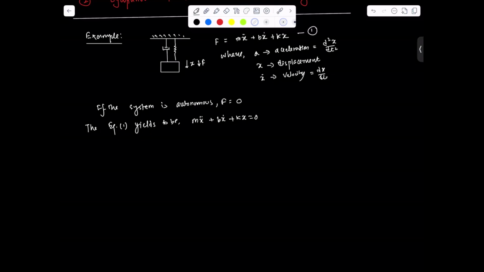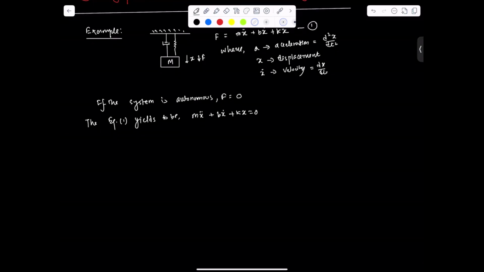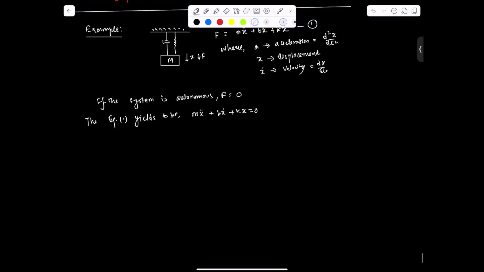And here, let us assume the mass m equal to 1.